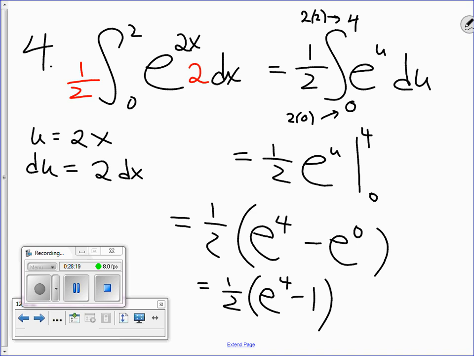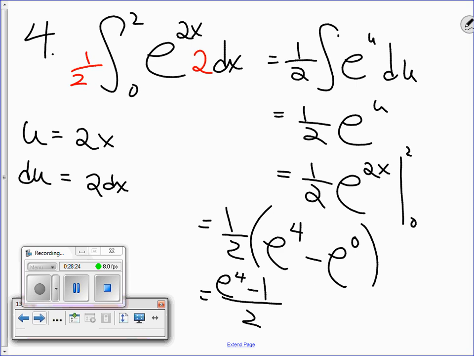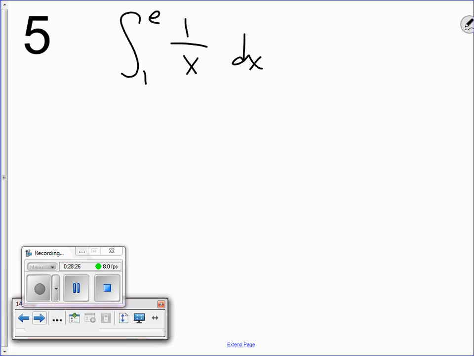Now the next one's really cool, and then I'll just show you how to do stuff on the calculator. All right, this one we don't need u sub. What's the antiderivative of 1 over x dx, or dx over x? ln of the absolute value of x from 1 to e.